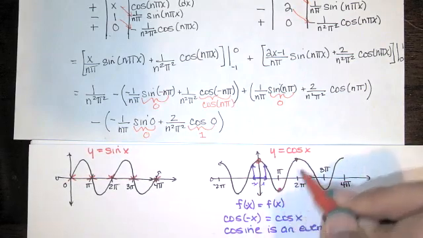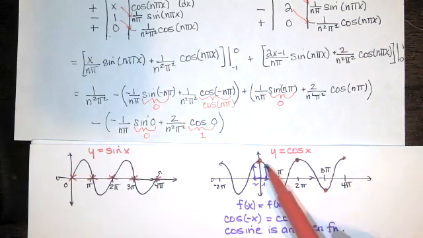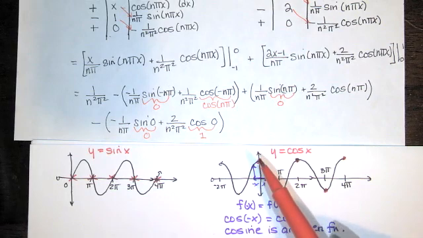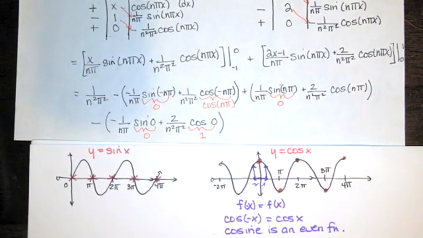Then we've got 1 pi, 2 pi, 3 pi, 4 pi. Notice the cosine function is going from 1 to negative 1 to 1 to negative 1 to 1 as we take on even and odd multiples of pi inside that cosine function.